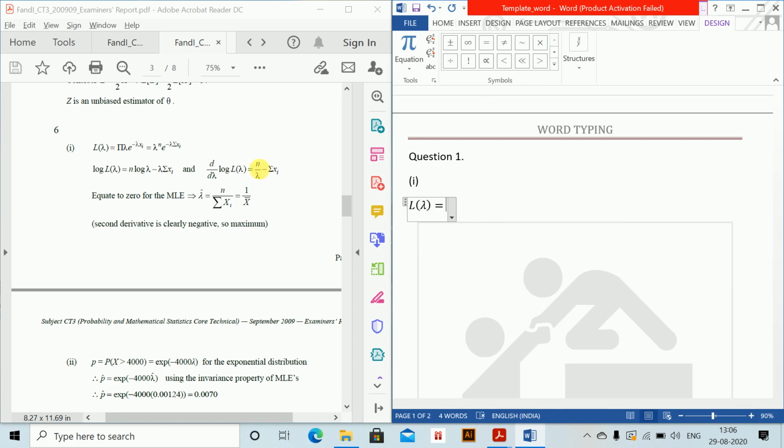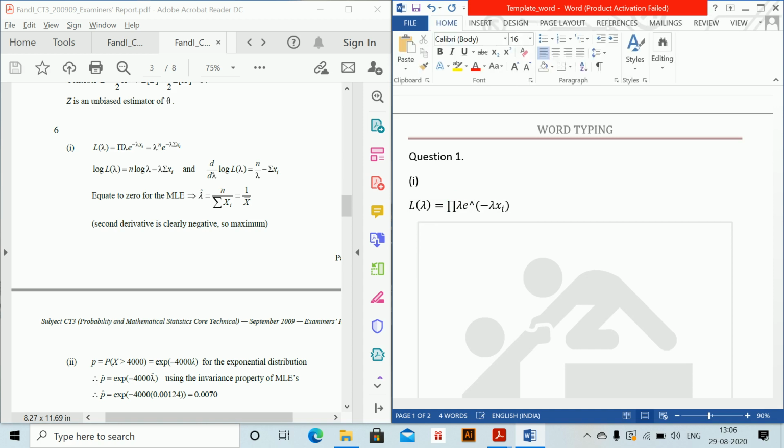And then we need to write product, so PROD, see product of backslash lambda e to the power minus lambda x underscore i. So this completes this.